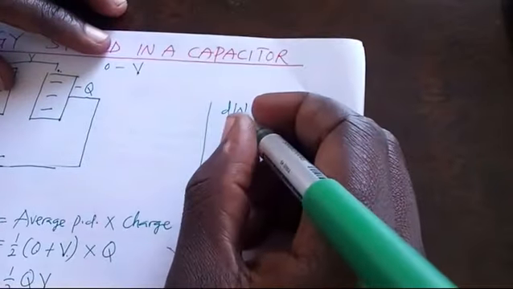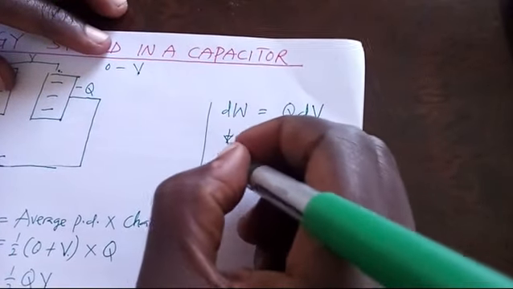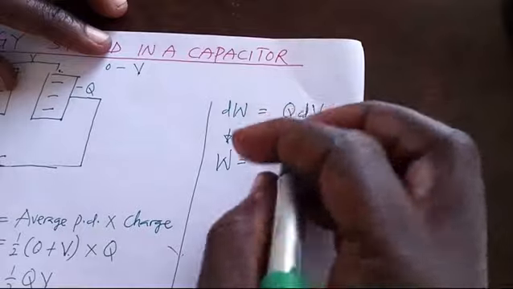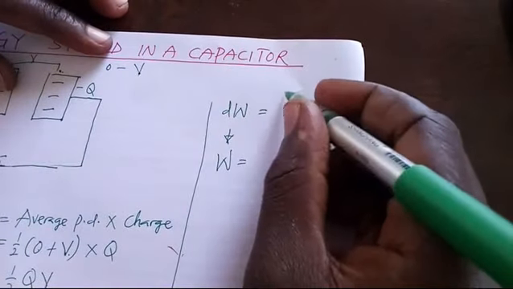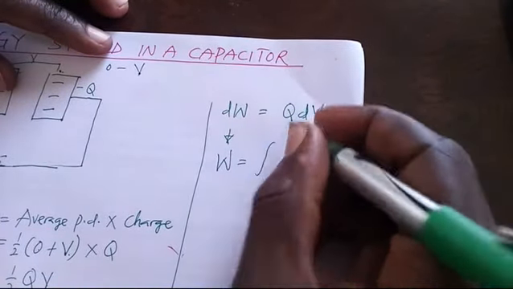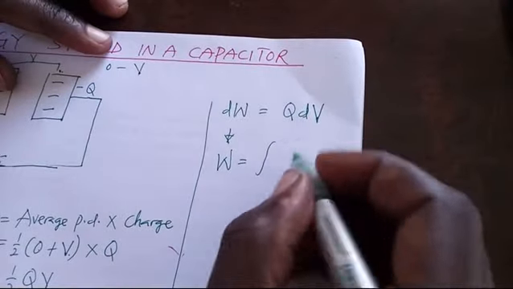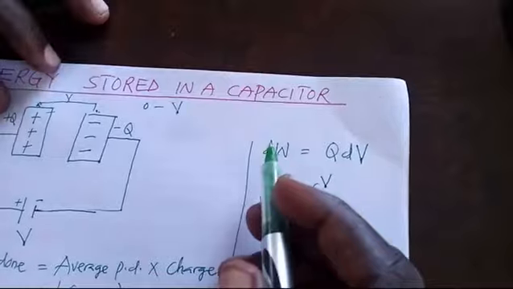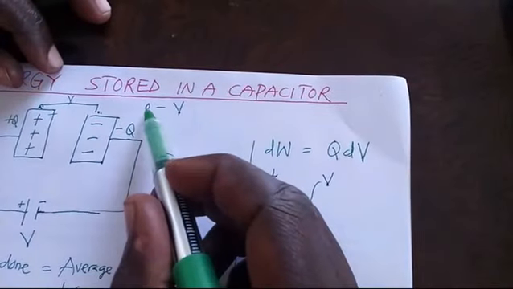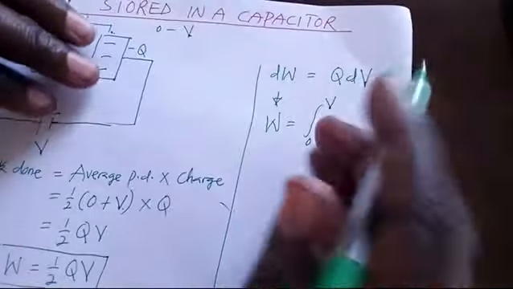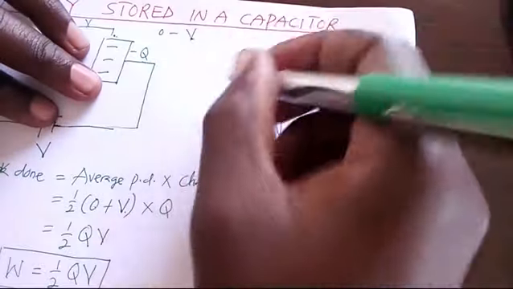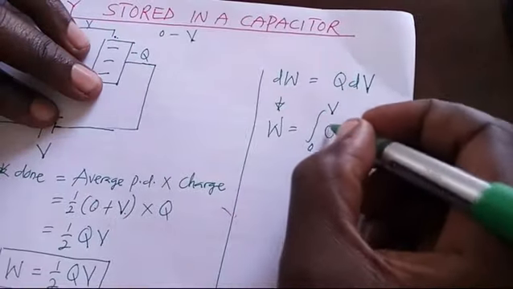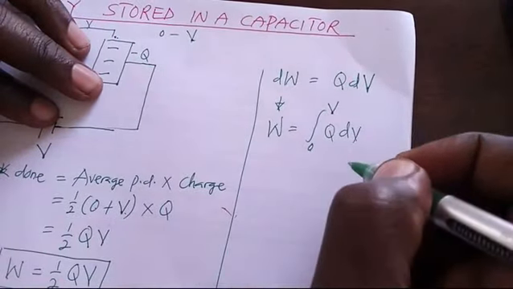So if you want to get the total work done, this becomes dW. Then you have to take the integral on the other side, and the lower limit is 0, the upper limit is V, because as we said, the voltage increases from 0 to a maximum value V. So the lower limit 0, upper limit V, and then you have Q dV.